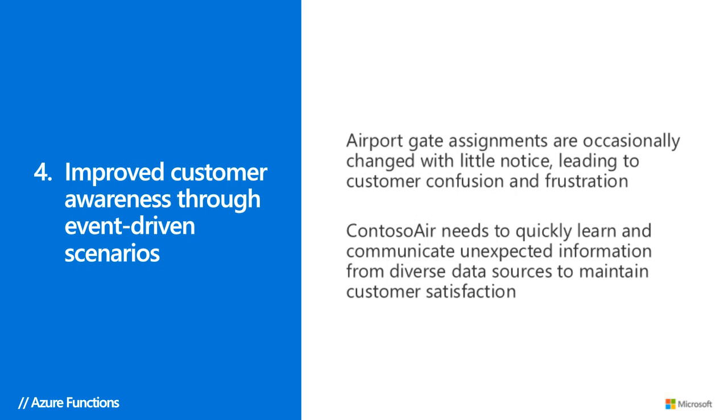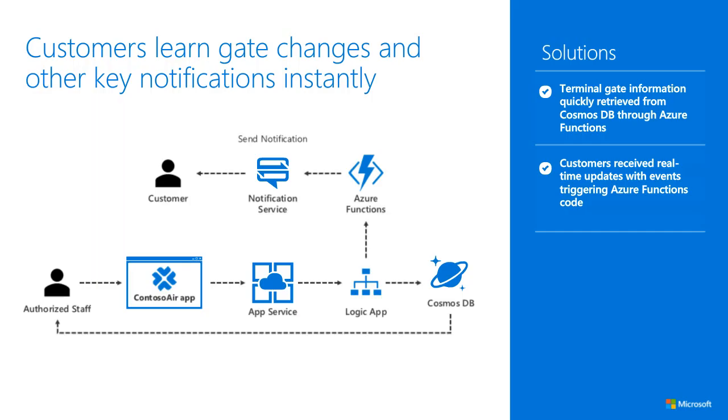And so Contoso Air needs to quickly learn and communicate unexpected information from a diverse group of data sources to maintain customer satisfaction. One of the architectures you can imagine is that they have authorized staff, the individuals who work for Contoso Air, who go to the Contoso Air application, and through there they can publish different gate changes. That can be hooked up to App Service, which gets hooked up into Logic Apps.